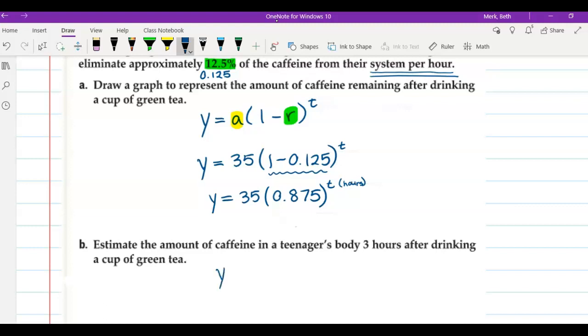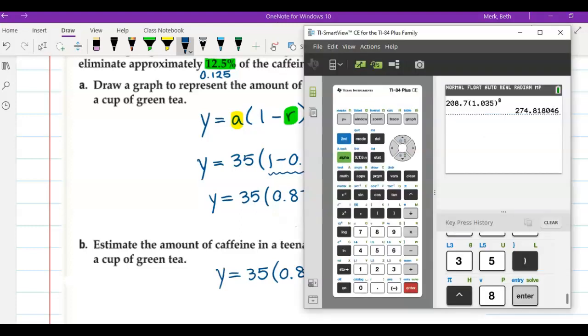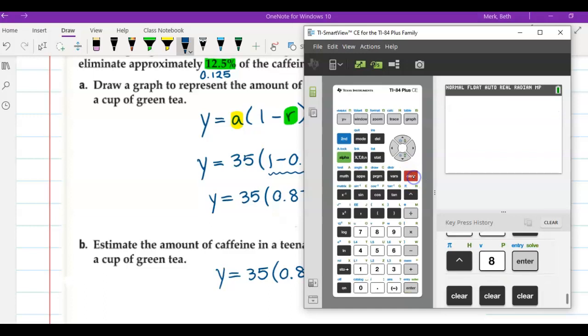So if I want to figure this out, all I have to do is put 0.875, and I'm going to put a 3 for my time. Let's clear out my calculator.